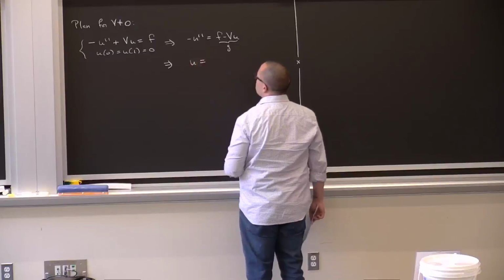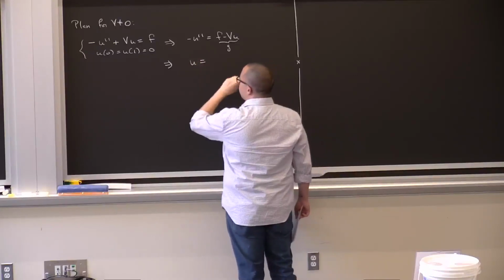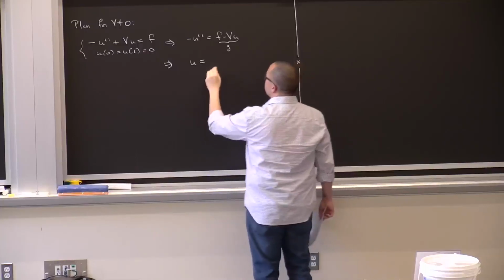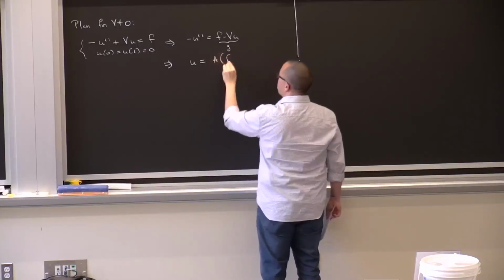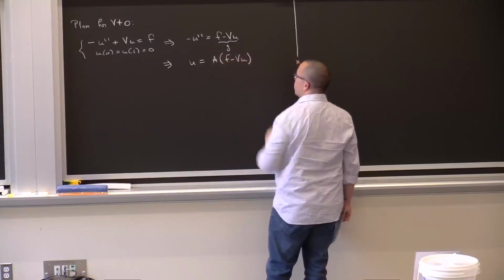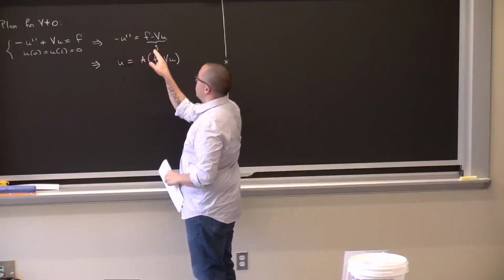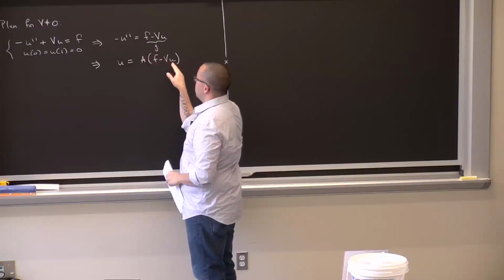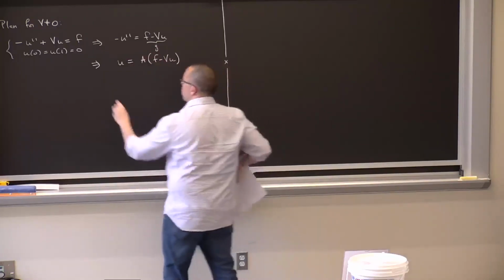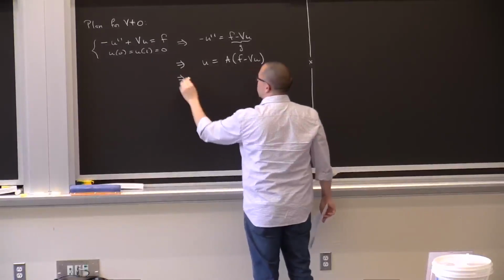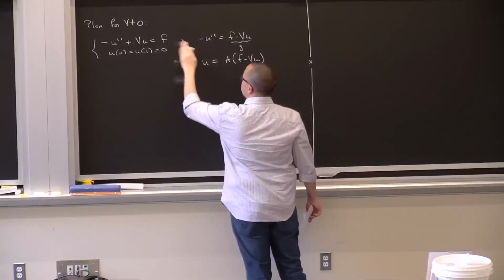So this implies that u equals A applied to f minus vu, right? So the unique solution to minus u double prime equals g is A applied to g, and g is f minus vu. So I get this, like this is if and only if here.